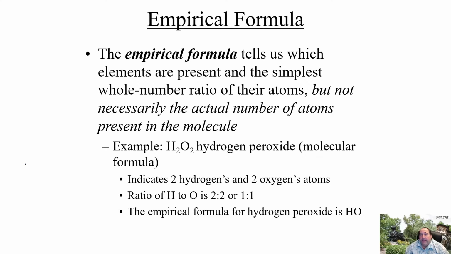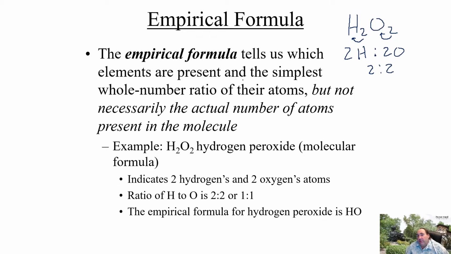So if we look at an example here that we have on the page, which is hydrogen peroxide, H2O2, the relationship here is for every 2 hydrogens that we have, we also have 2 oxygens. And that is basically a 2-to-2 ratio of what is present.